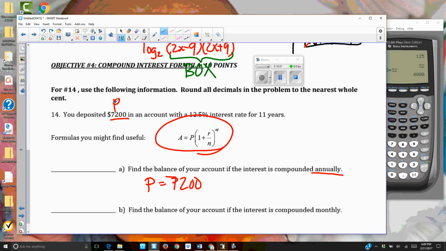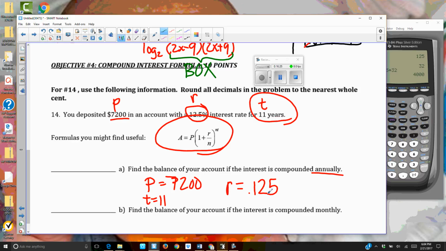Our T variable is the time, the number of years, usually, how long we're investing. So T equals 11. R is the interest rates divided by 100. So R is 12.5 divided by 100, which you can just put in the calculator. So R is 0.125.